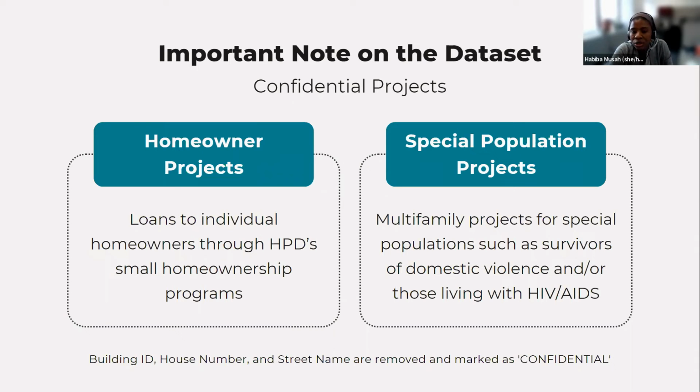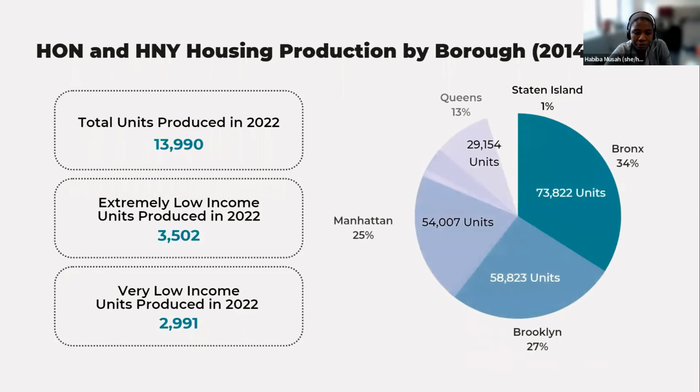Homeowner projects are loans to individual homeowners through HPD's small homeownership programs. Multifamily confidential projects serve special populations like survivors of domestic violence and those living with HIV/AIDS. And for privacy, we remove the building ID, and we remove the house number and street name for projects that are confidential.